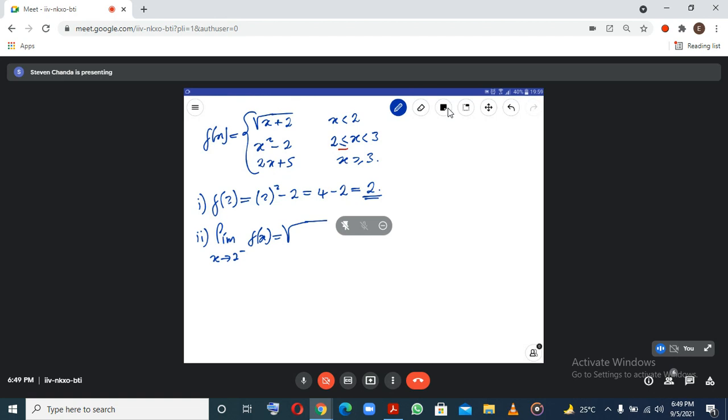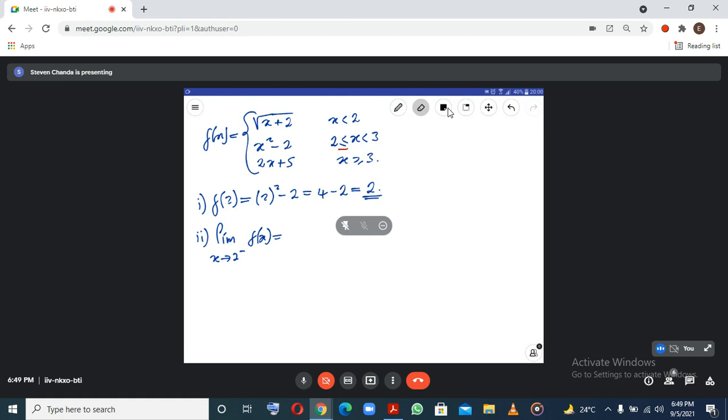Now, which one are you going to use, the first one or the second one? Remember, you are coming from the left, so that's less than 2.